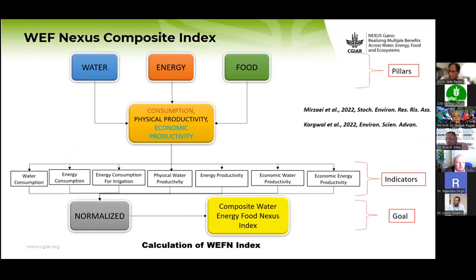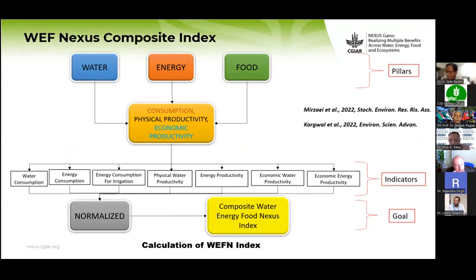Now, as the previous speaker was talking about, in a similar way, we are also looking into the West Nexus Composite Sustainability Index. When we are looking into that, there are similar kinds of indicators for water, energy, and food. We are looking into water use or consumption, energy use and energy consumption, and the physical as well as the economic productivity of water as well as energy.